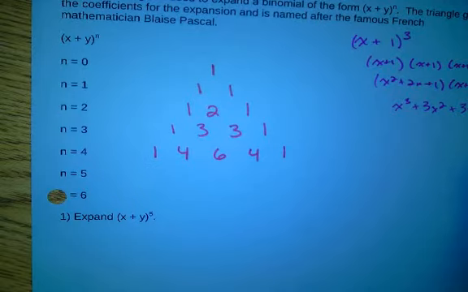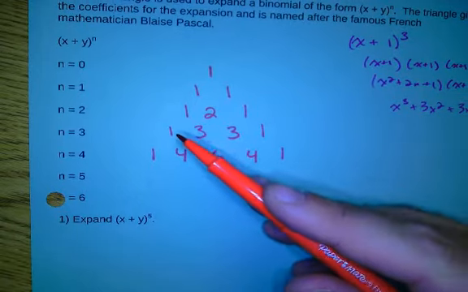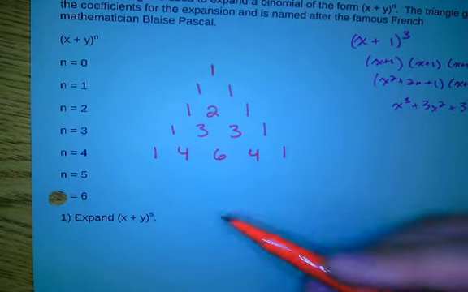I'm going to keep going even further. So what's the pattern here? First off, it makes a triangle. Good call. The outside terms are always 1. The inside terms are determined by adding the terms above it.